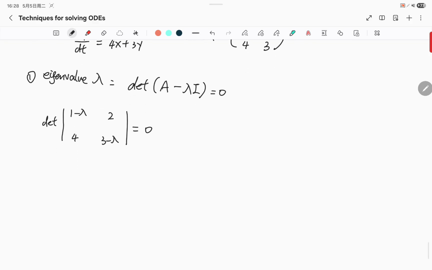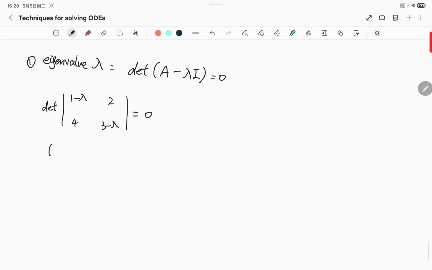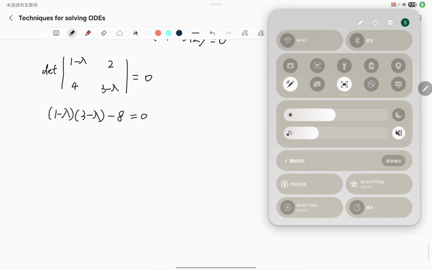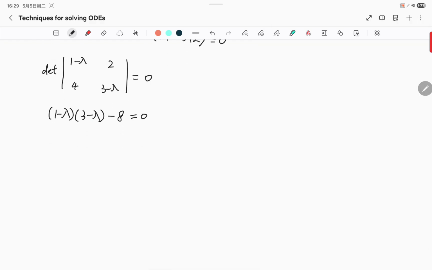Find the determinant of this. We have 1 minus lambda times 3 minus lambda minus 8 equal to 0. Open this up, we have 3 minus 4 lambda plus lambda squared minus 8 equal to 0.